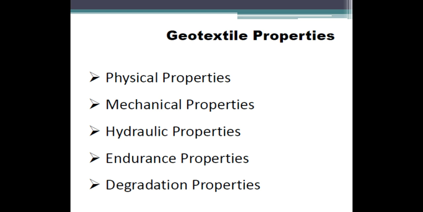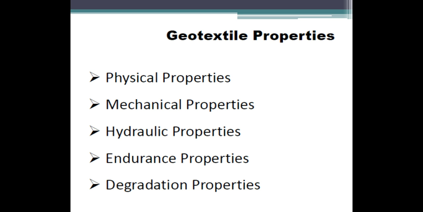Mechanical properties are nothing but our engineering properties of soil, which decide the strength of the material. Hydraulic properties: whenever the materials are used as a drainage material or filter material, hydraulic properties play a very important role. Endurance properties are the properties which help us avoid installation damage, because while installing, there may be damage to the geotextiles.